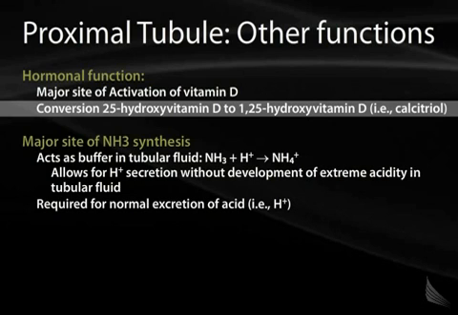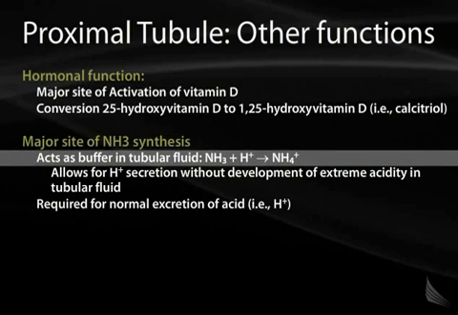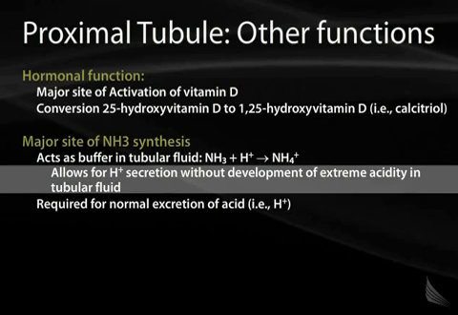The other major component of proximal tubular function is ammonia synthesis. Ammonia is the primary buffer in the tubular fluid that is highly regulated. Ammonia secreted into the renal tubular lumen can be protonated and excreted in the form of ammonium.